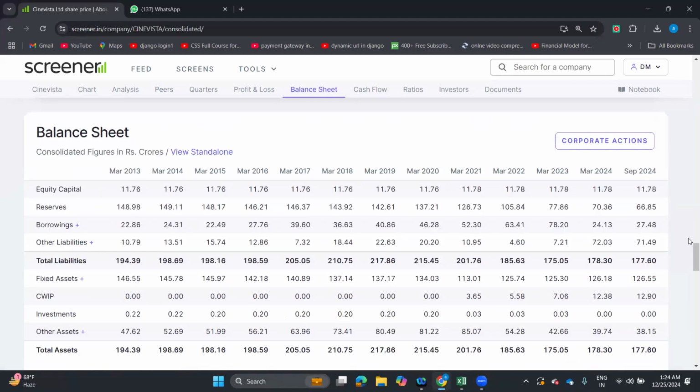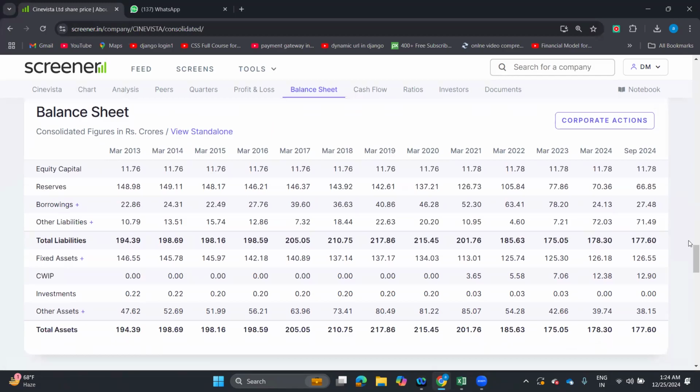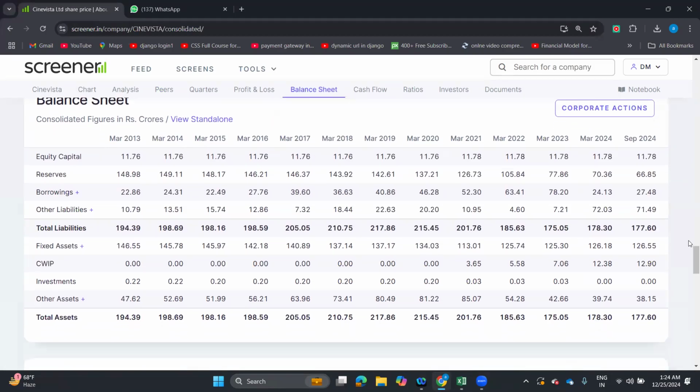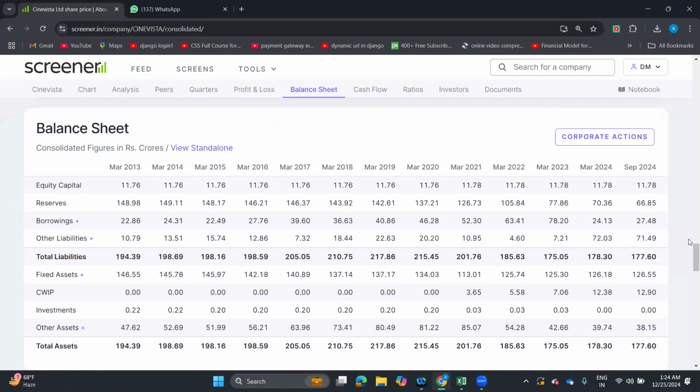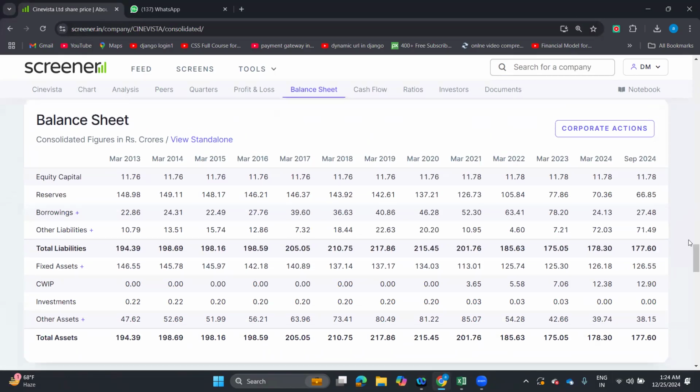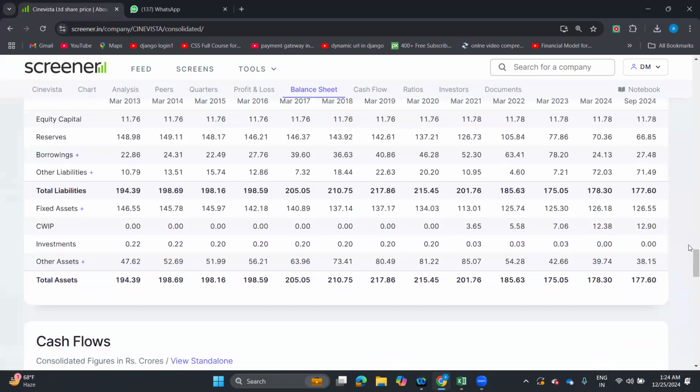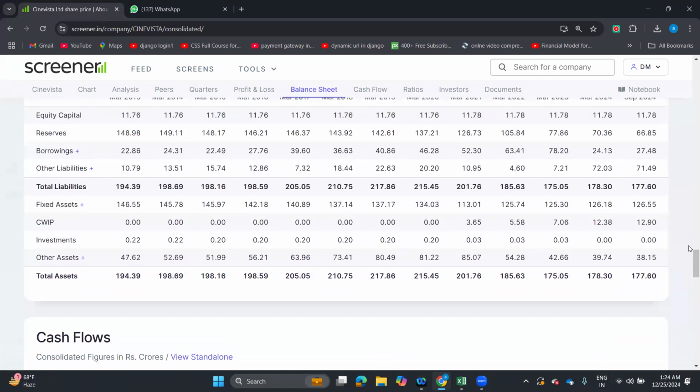If your EPS is negative, obviously PE is undefined, because PE is CMP divided by EPS, right? So if EPS is less than 0, then your PE is undefined.